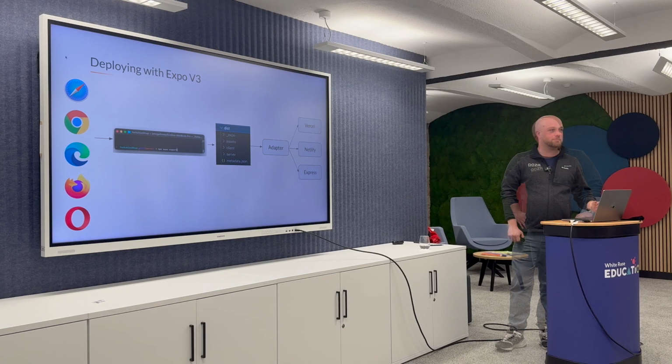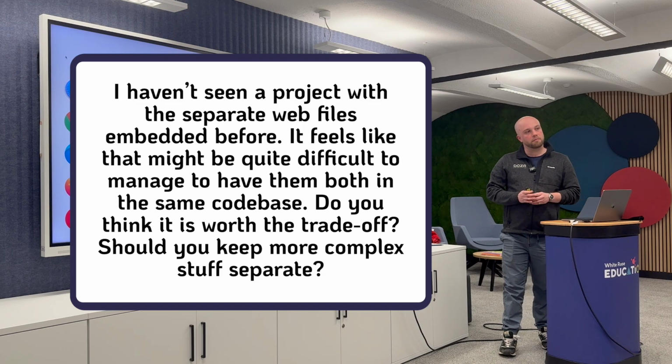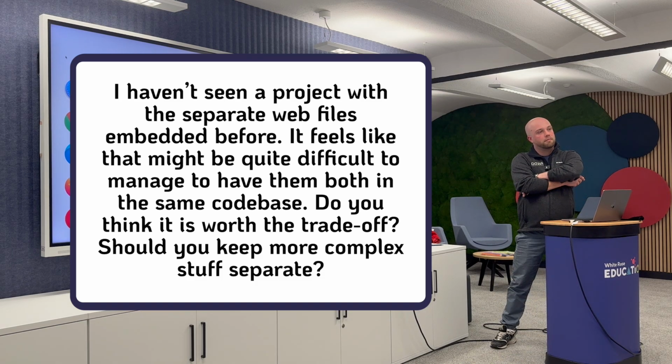Gabby? Yeah, I haven't seen a project with the separate web files embedded as well. It sort of feels like that might be quite difficult to manage, having two completely separate front ends in the same code base. Does it feel like it would be worth that trade-off, or for complex stuff would it still be best to keep it separate?